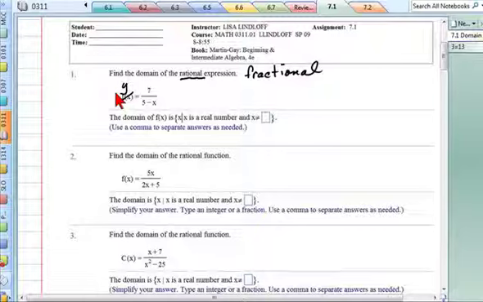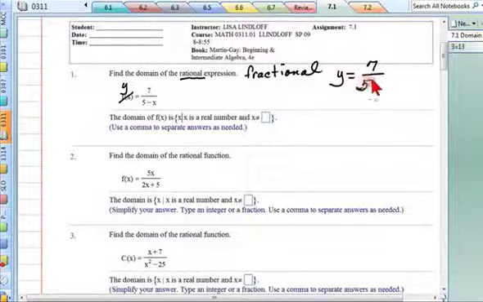Okay? So, if I had y equals 7 over 5 minus x. If I have that relationship, and I ask you the question, what is the domain?